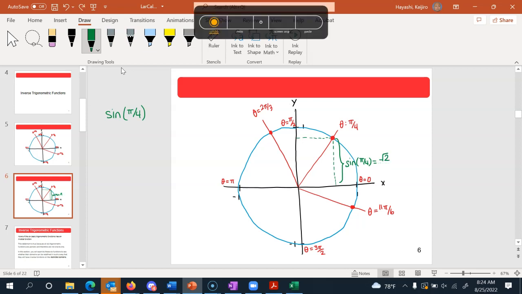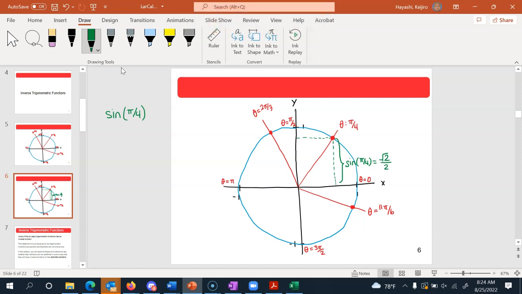And there's a way to memorize these from the first quadrant, and then just extend that knowledge out to the rest of the unit circle.